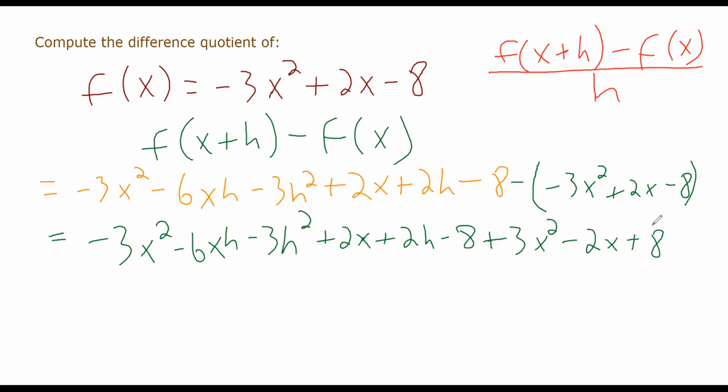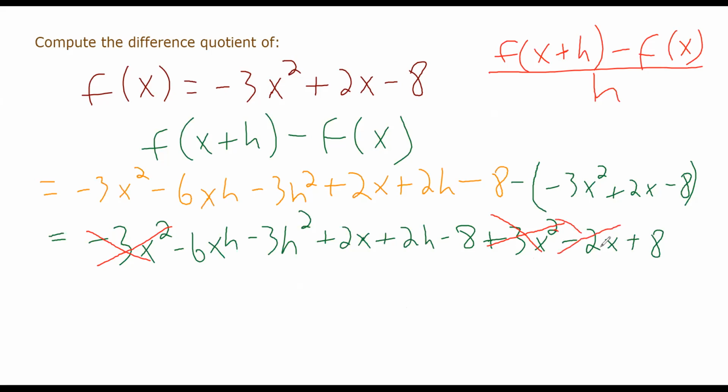And so all of this is going to look bad, except now there's going to be some cancellation happening. We have negative 3x squared here plus 3x squared. Those are like terms, and if we combine them, they would just combine to 0. So this is gone. Then we have plus 2x minus 2x.